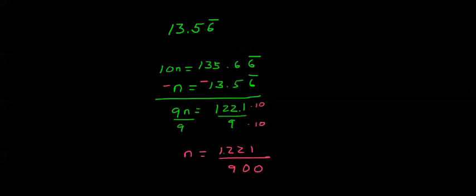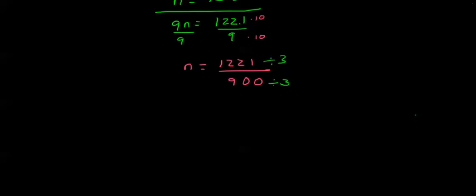Because I can divide 1221 by 3, and I can divide 900 by 3, I do so. Doesn't mean there isn't another number I can divide by, but I know I can divide them by 3, because 12 is divisible by 3 and 21 is. And so I get 407 divided by 300.